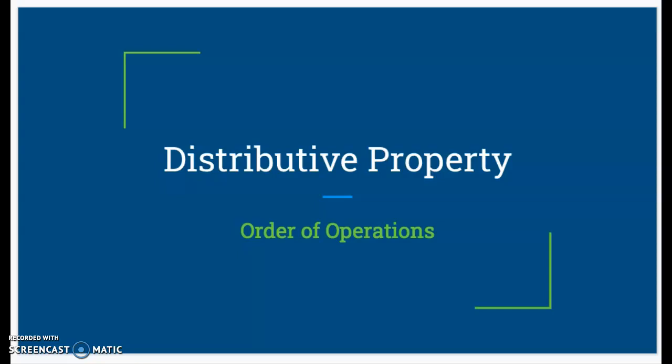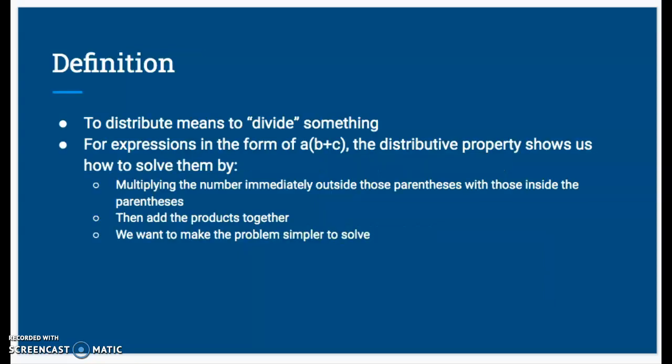So what we're going to do is a little bit more practice with the distributive property and order of operations. But first, we're going to go over the definition so we can refresh our brains. To distribute means to divide something, so we're dividing our problems to make them simpler to solve.